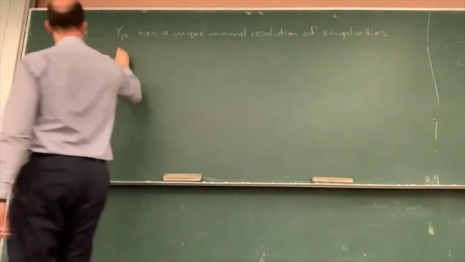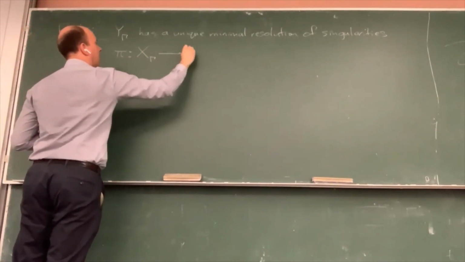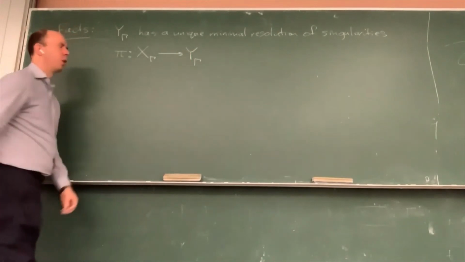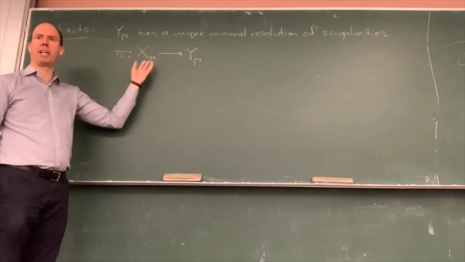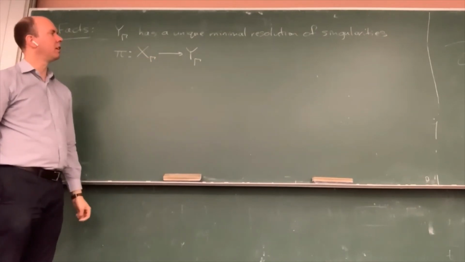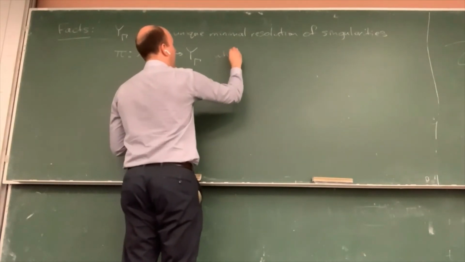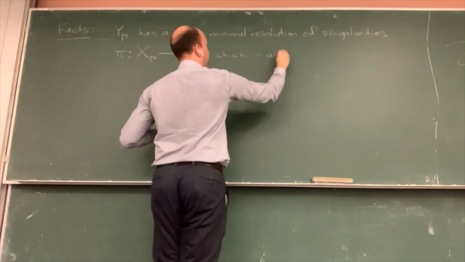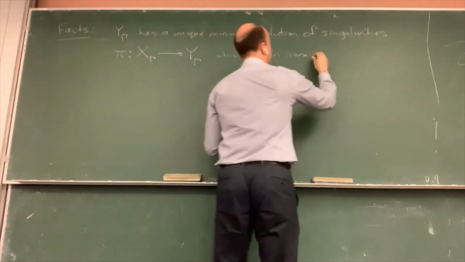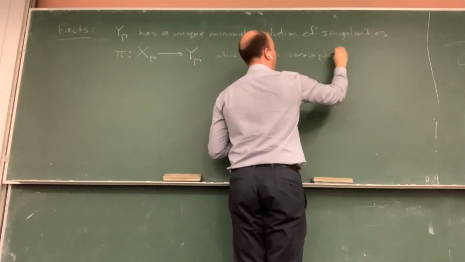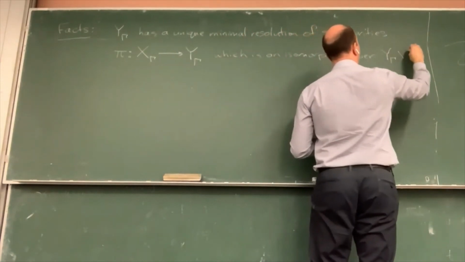So it's minimal in the sense that other resolutions of singularities factor through this. So this resolution has made the least change possible to Y gamma to give you something smooth. And it's an isomorphism over the regular locus.